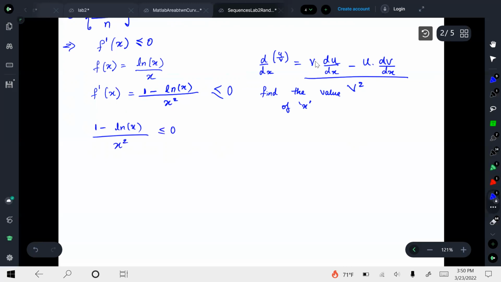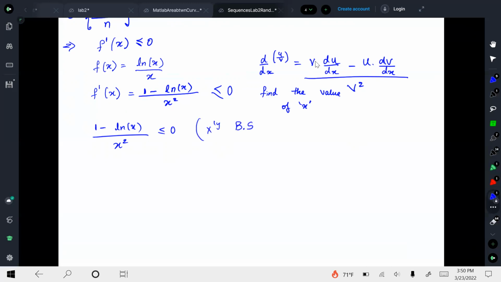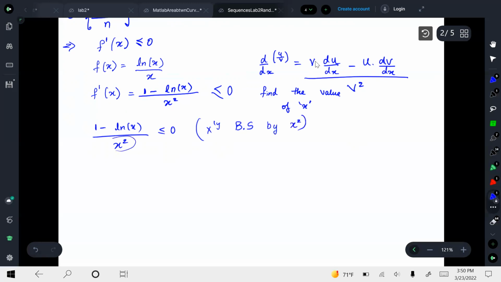First step is to multiply both sides by x squared, because we need to eliminate the denominator. The numerator and denominator get cancelled, and 0 into x squared is 0. So we get 1 minus ln of x less than or equal to 0.